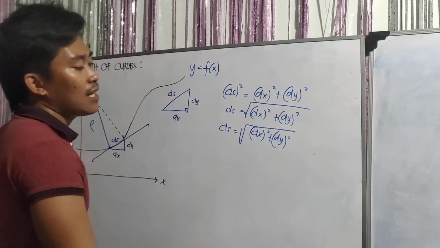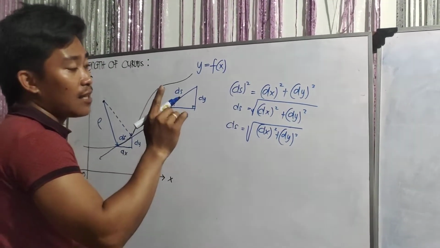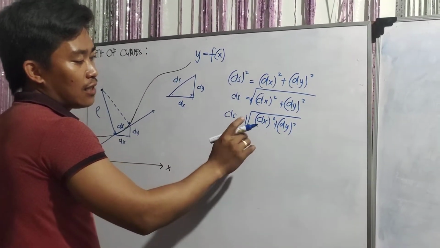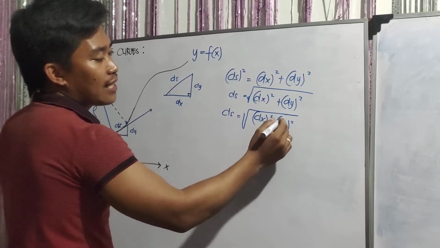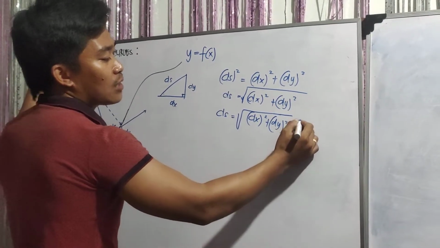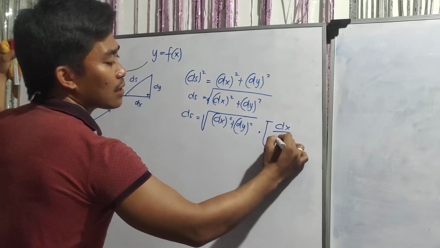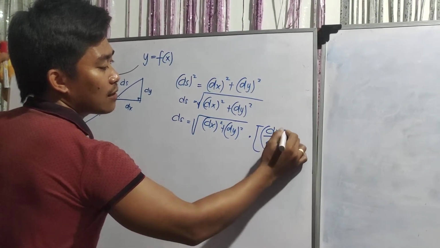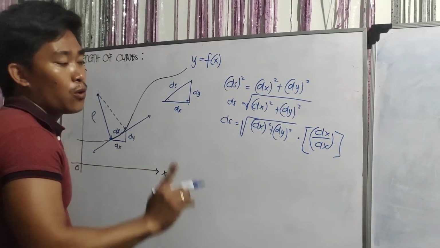Sa mathematics, guys, you are allowed to multiply a certain variable on just one side of the equation, provided that its equivalent is just equal to 1. So here in this case, what if we multiply a value equivalent to dx over dx? Is it allowed? Yes. Why? Because dx over dx is just equivalent to 1.